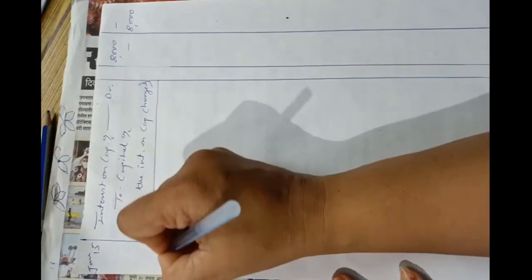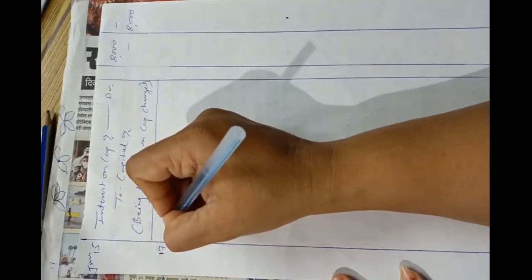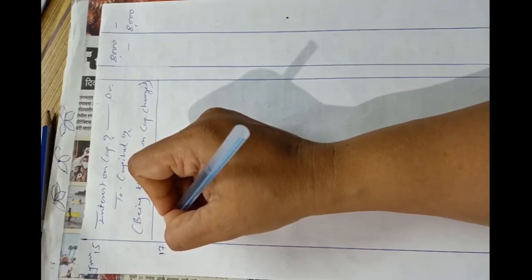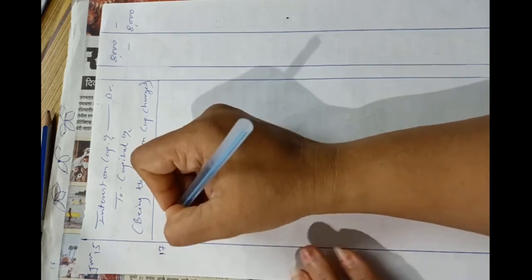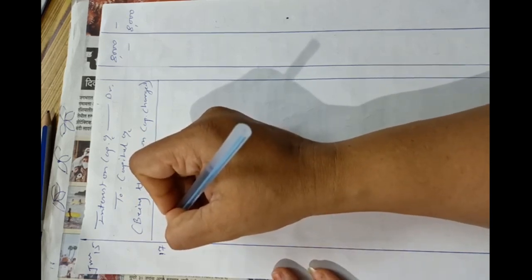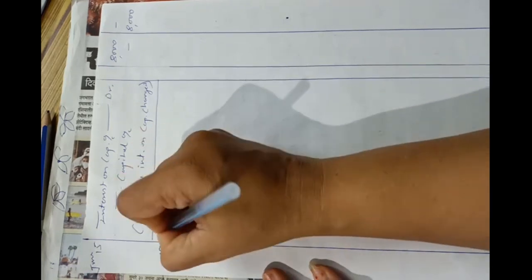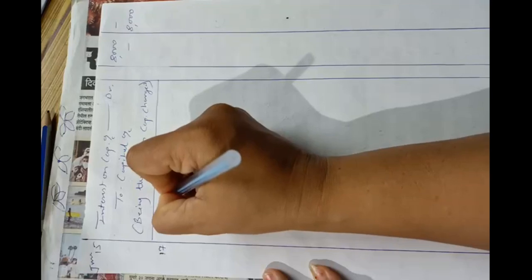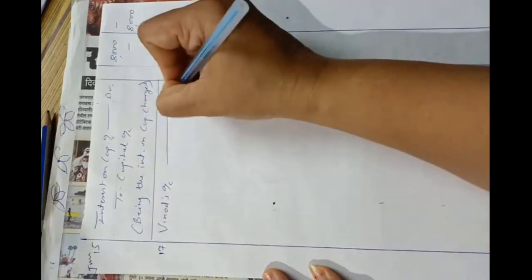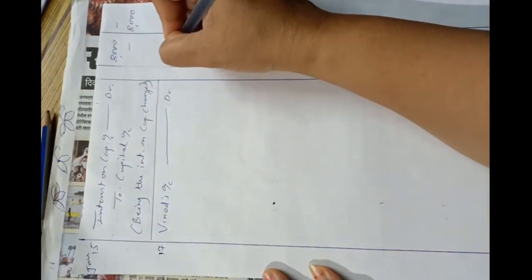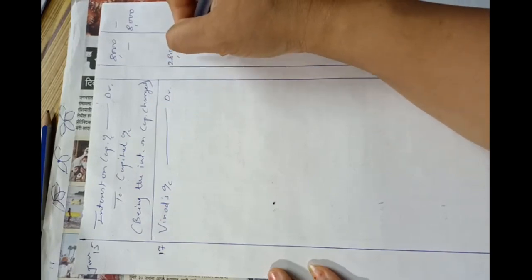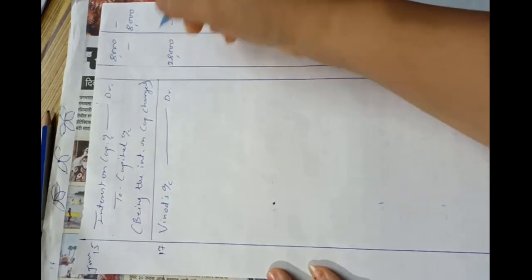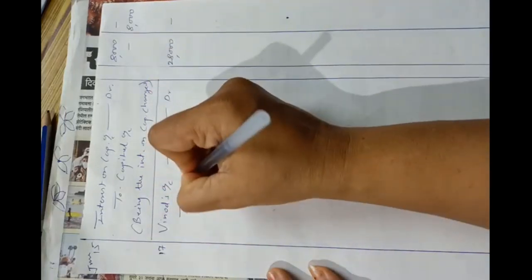Now 17th June, paid to Vinod rupees 27,500 in full settlement. So Vinod's account will be debited and discount and cash account will be credited. Vinod's account debit, it will be debited by rupees 28,000 because we are settling his account by rupees 28,000 to cash account.